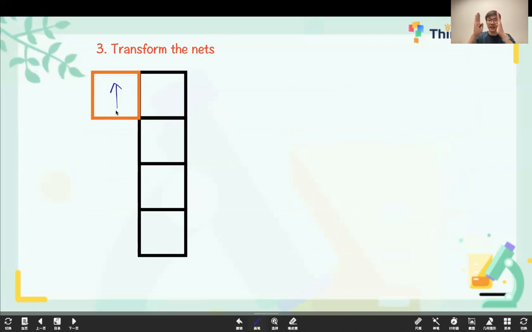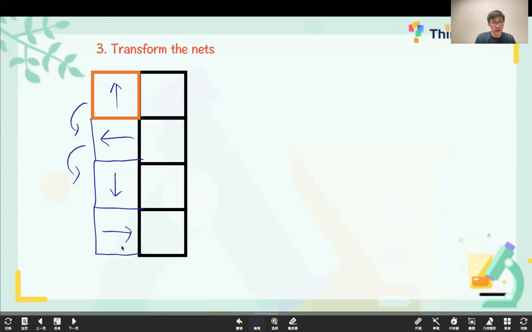I'm just going to have to rotate it once, 90 degrees, so that the arrow is pointing to the left. And if I want to move it into the third position, I'm going to do the same thing. Just rotate it one more time so that this time it's pointing downwards. And finally, I'm sure the quick ones will have already got this, I can just rotate it once more to put it into the fourth position.